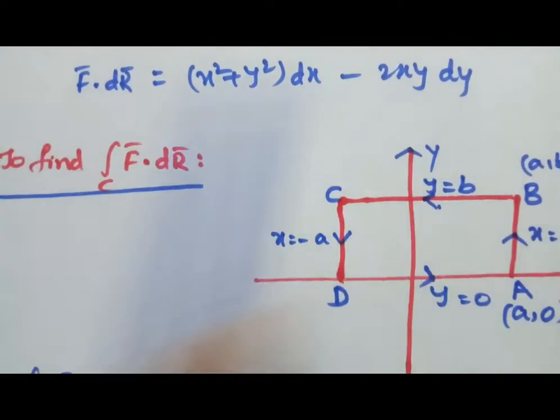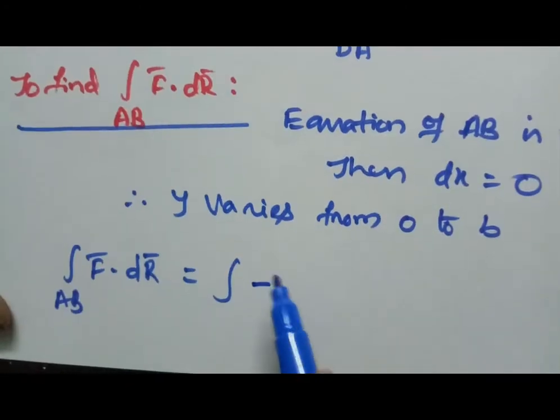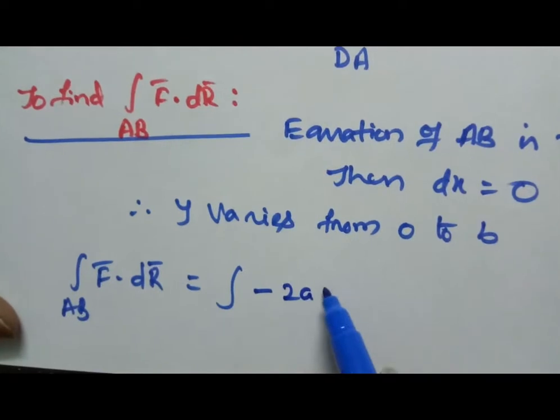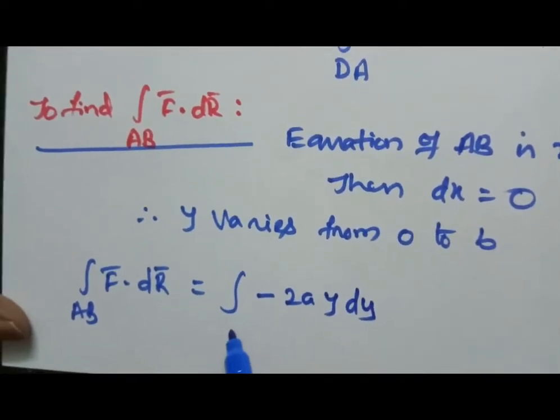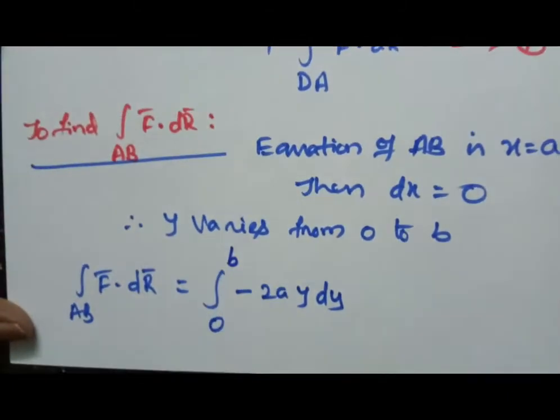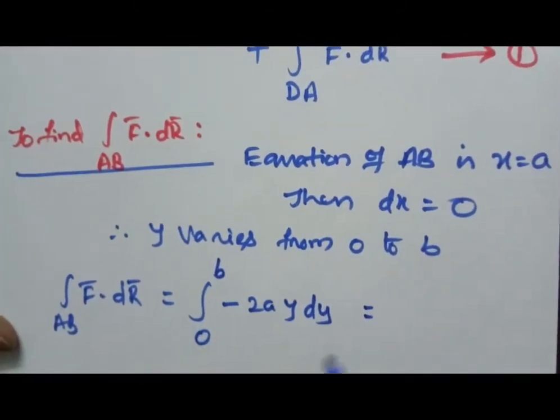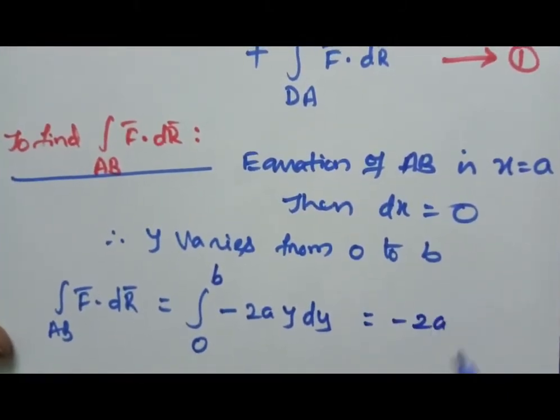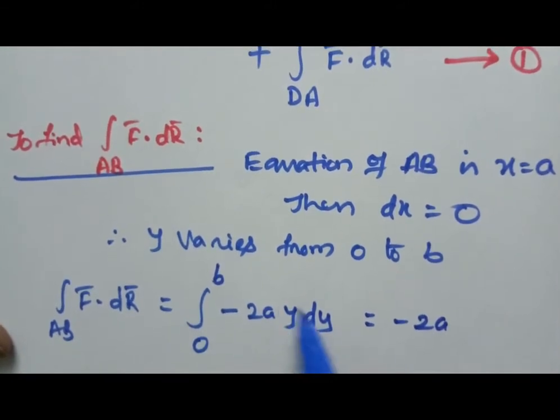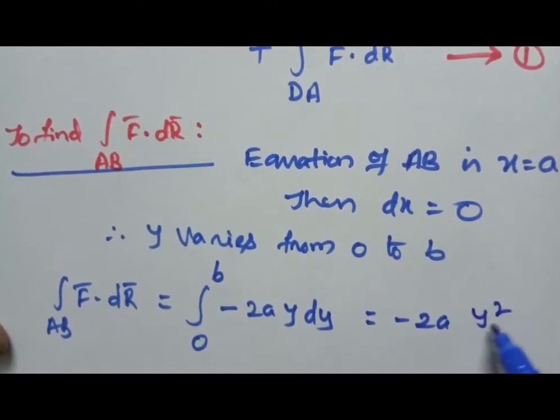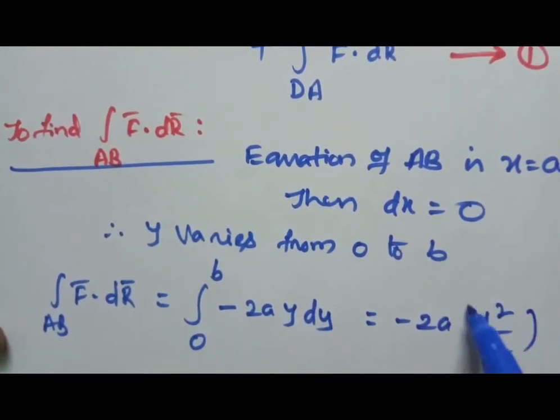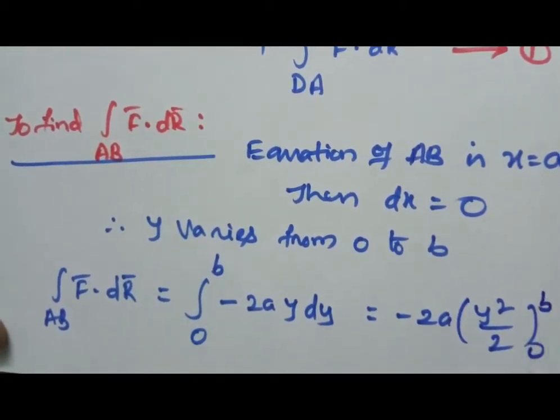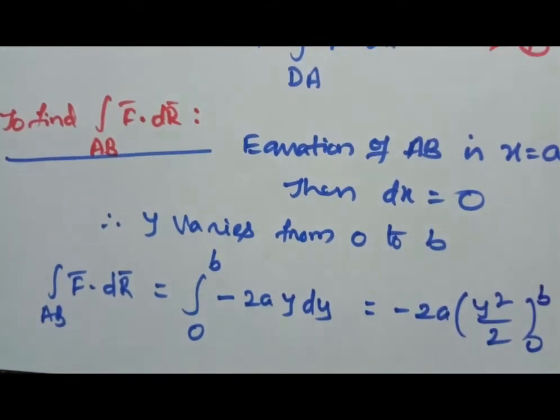Therefore minus 2a y dy. Y varies from 0 to b. Therefore minus 2a into integration of y square by 2, limits 0 to b, the 2 gets cancelled.